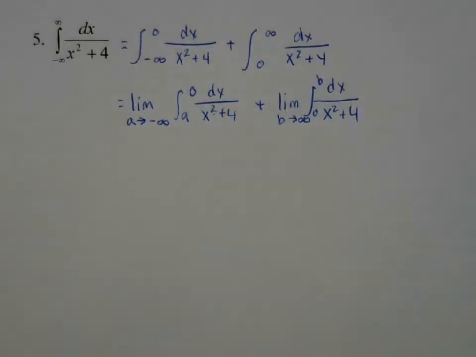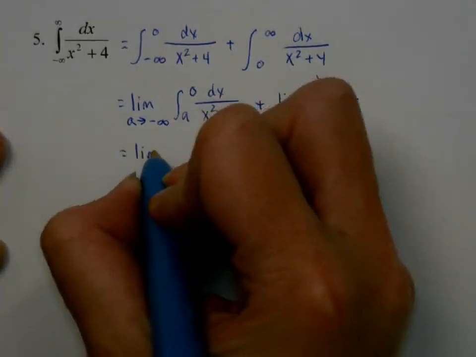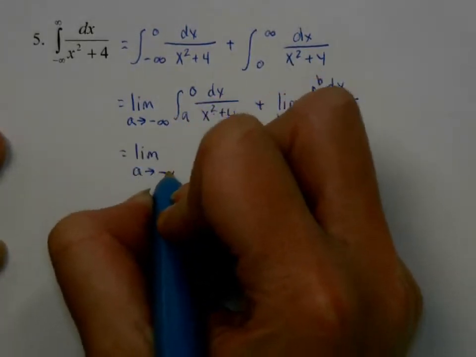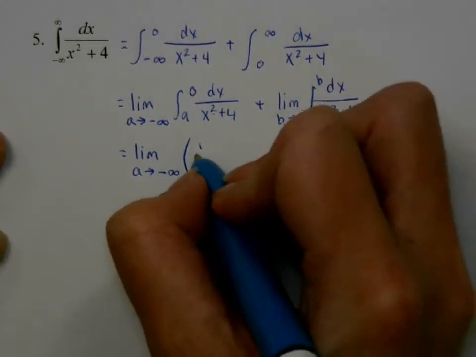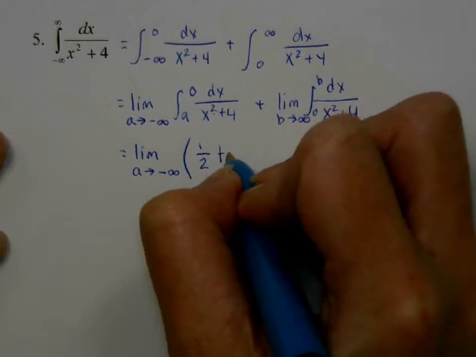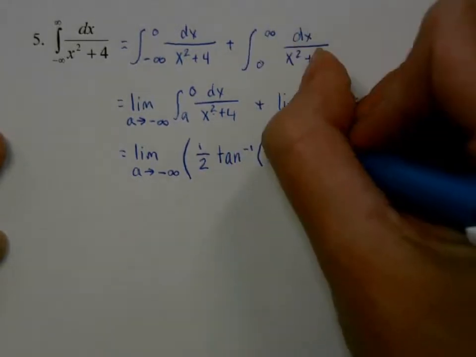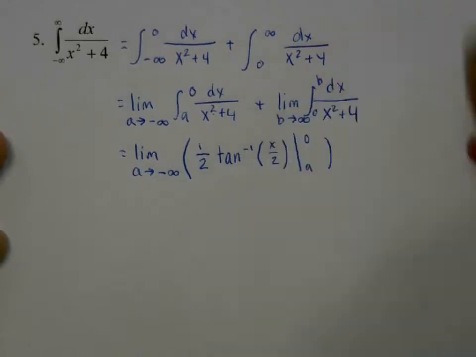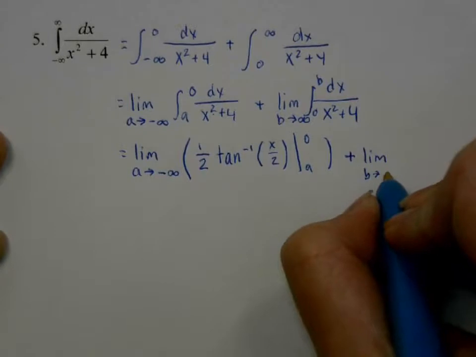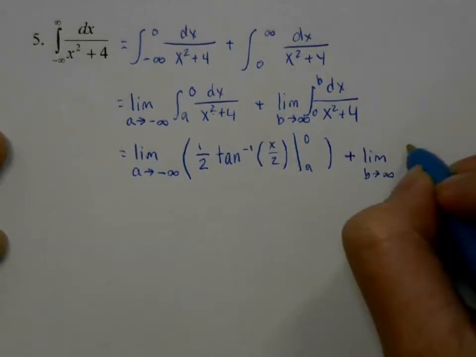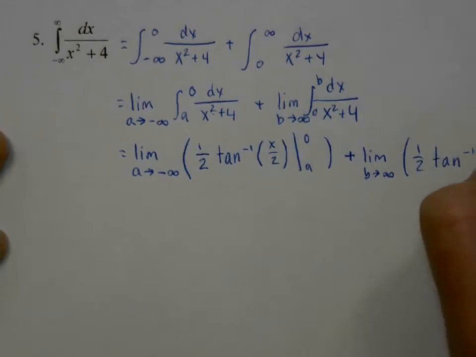Okay, then we will integrate. So this integral is a tangent inverse, specifically 1/2 tangent inverse of x over 2. We'll evaluate this one from a to 0. Same integral from 0 to b.